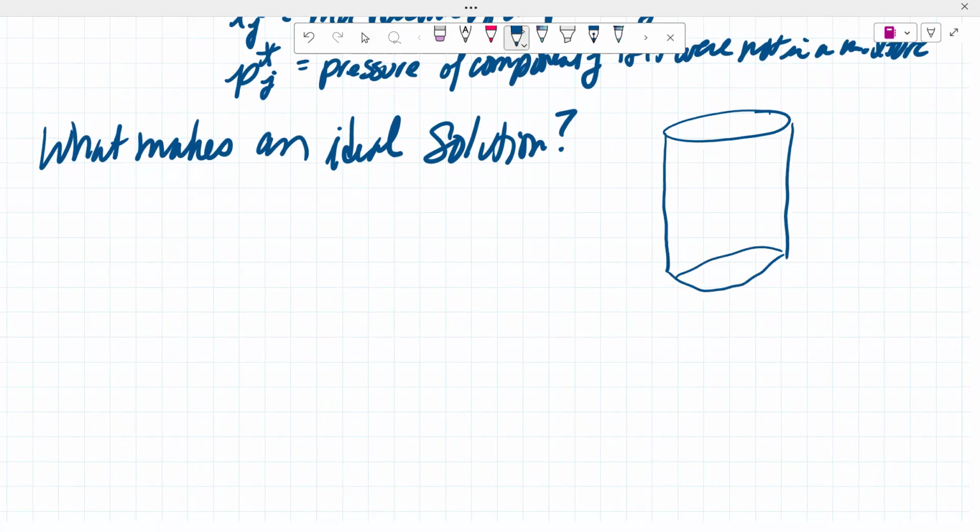We're going to have some things in the beaker. Looks like marbles, but it's going to be particles.